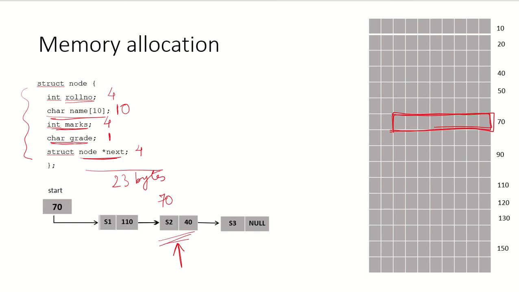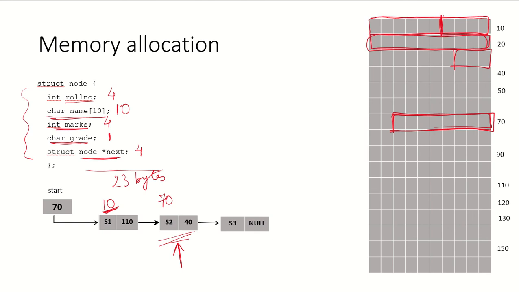So if the first node is say at address 10, then 23 bytes would be used up by this node. In the first 4 bytes, the roll number would be stored.